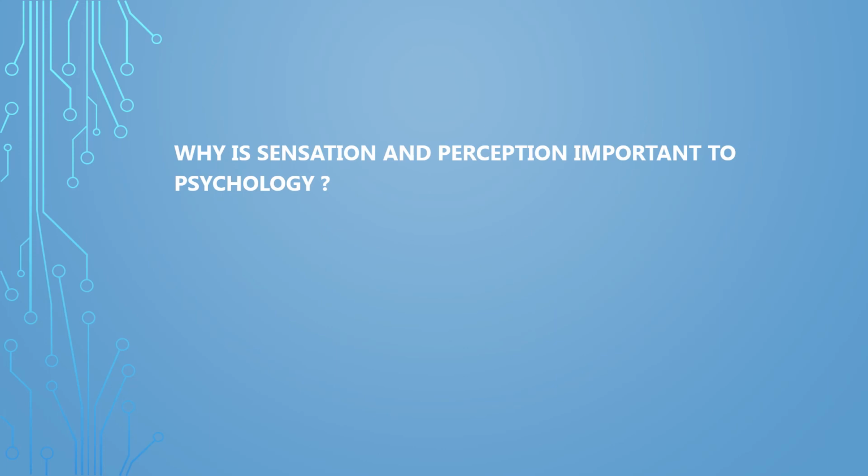Why are sensation and perception important in psychology? Because we use sensation and perception to understand the world around us. Without our senses and the way we understand them, we would be unable to interact with the world. All humans get the same sensory information, but we all perceive it differently.